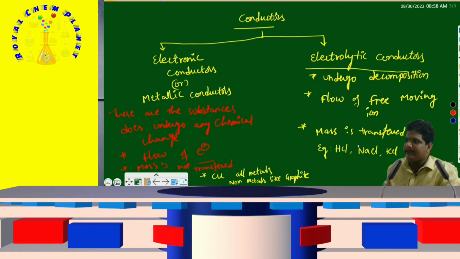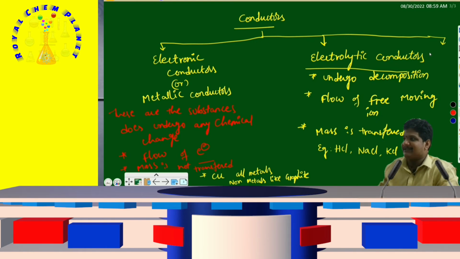Now, the substances which do not conduct electricity are called insulators.